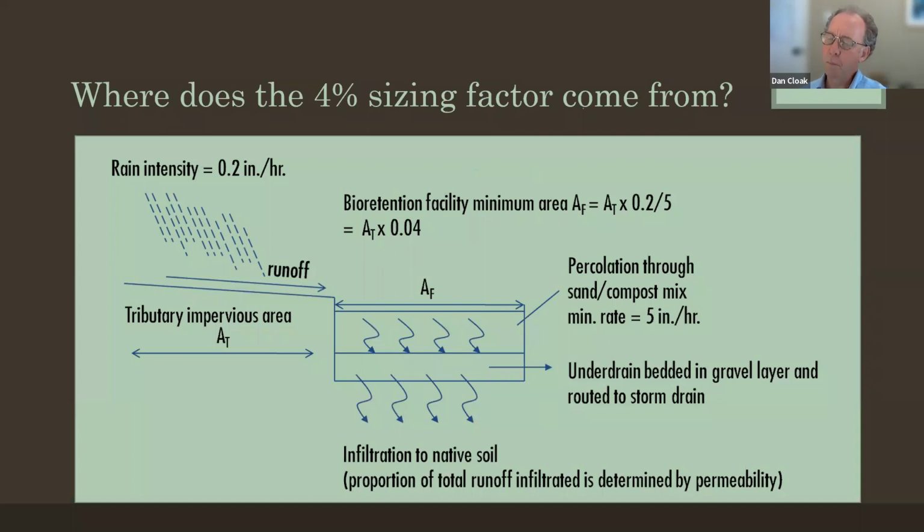So the 4% sizing factor is rooted in a fairly deep analysis of the sizing criteria that are in the permits, which have their own long history and really should have been updated a couple of permit cycles ago.